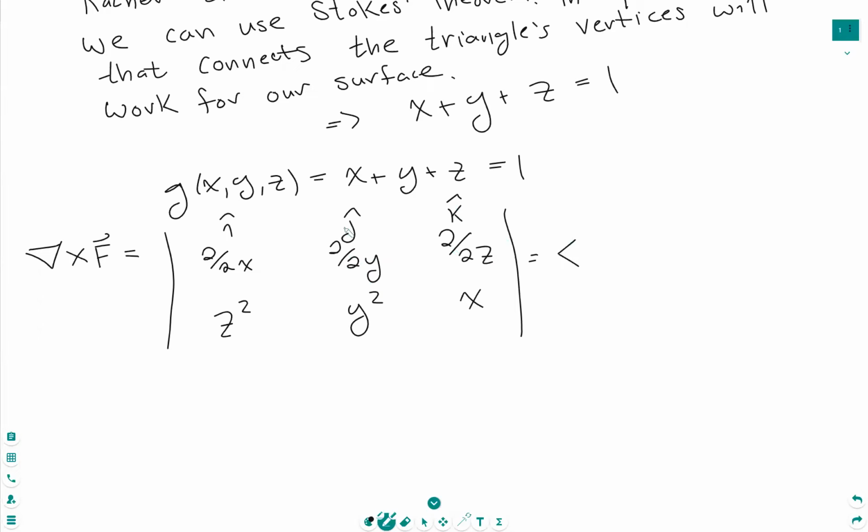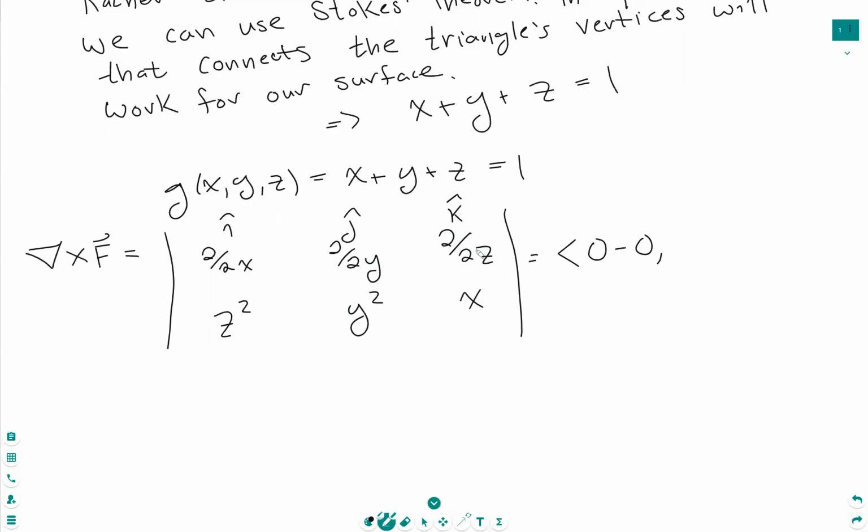So our x component is the determinant in this block here. So we do a partial y of x. Well, that's just 0. Then we're subtracting partial z of y squared. Well, that's also just 0.